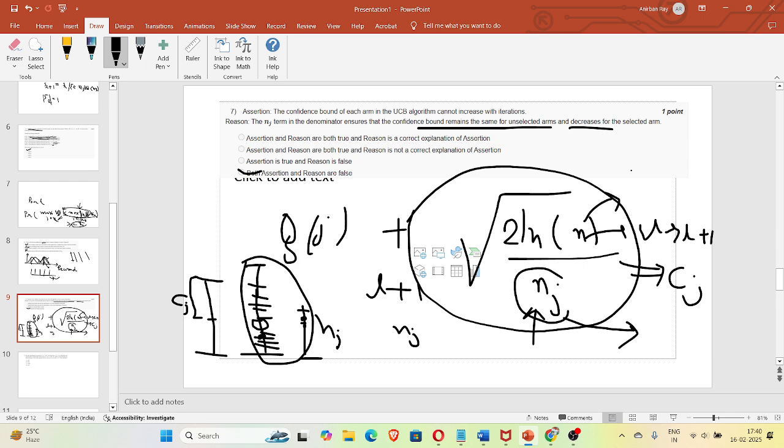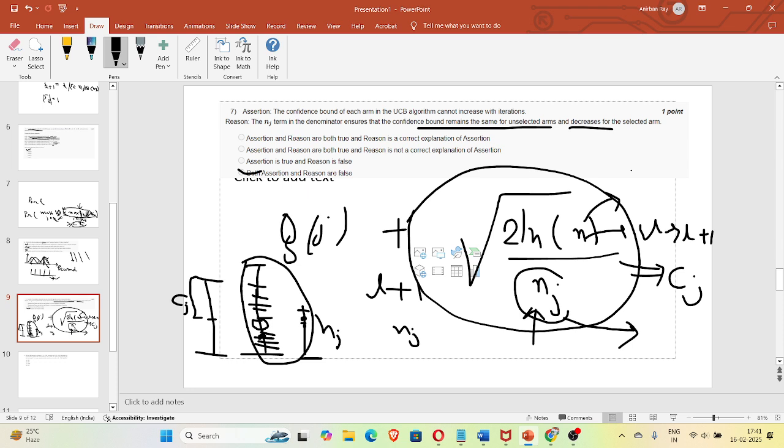Yes, clear. It is clear from the expression, but I'm not getting how, because of the logarithmic term ln whose argument is n, the number of times the experiment will be conducted.